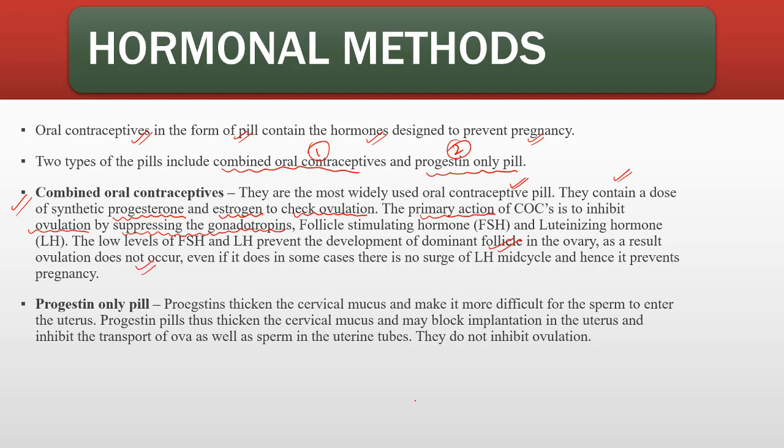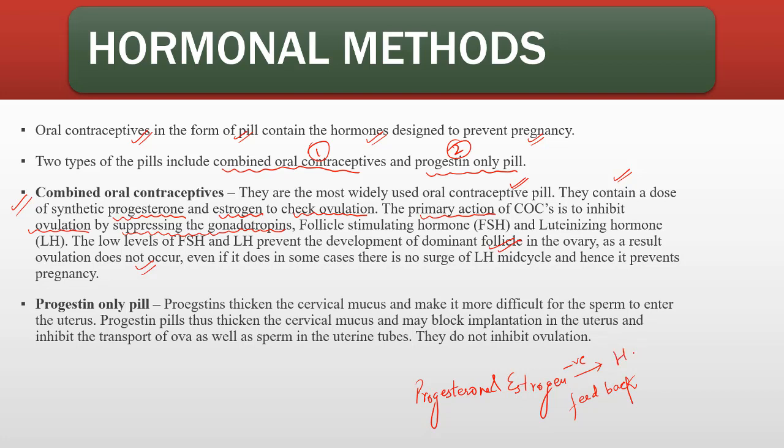Basically, if progesterone levels and estrogen levels are high, they create a negative feedback. They tell the hypothalamus that we are here in high amount, no need to secrete.